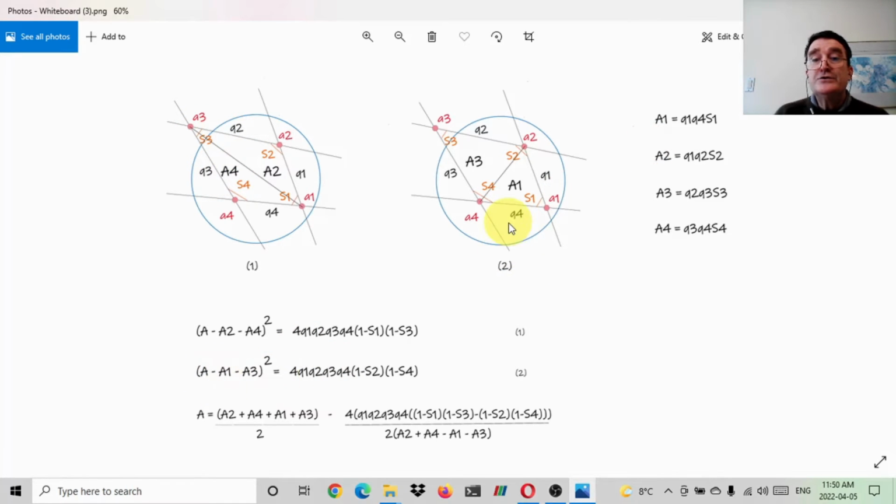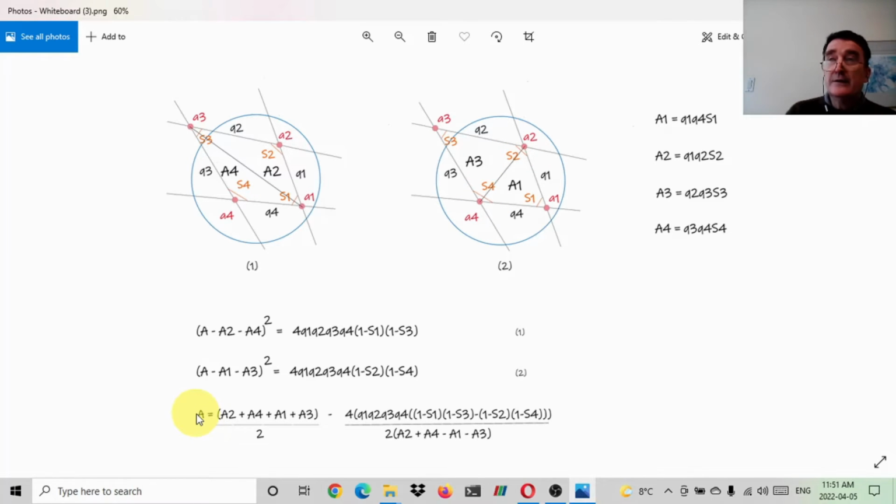In figure 2, the equation is the quadria A minus the quadria of the triangle A1 minus the quadria of the triangle A3, all squared, equals 4 times Q1, Q2, Q3, Q4, times (1 − S2) times (1 − S4). In this case, the chord divides the quadrangle at S2 and S4, at projective points A2 and A4.